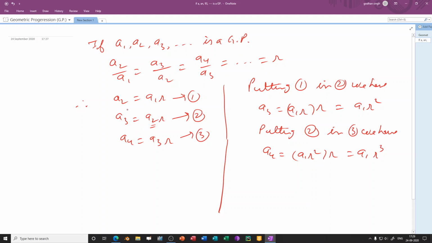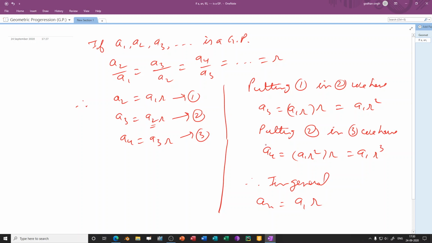Same way, A2 is equal to A1 into R. The exponent of R is one number less than 2, that is 2 minus 1, 1. So in general, An will be equal to A1 into R raised to, because R raised to whatever it is is always multiplied with A1.